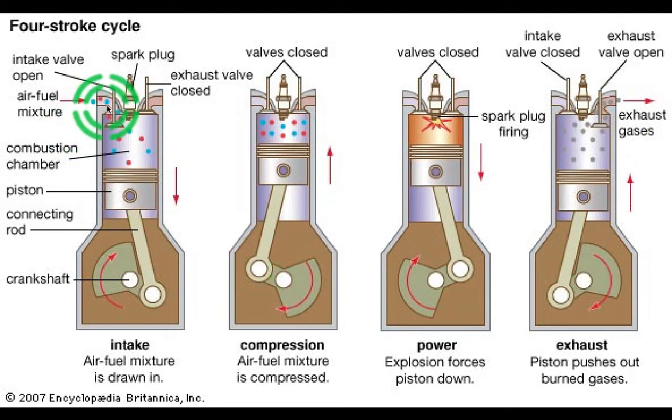Then the piston goes down and fresh air comes in, then it compresses, then there's a spark, and then exhaust throws it out again. It's a never-ending story. It keeps happening. Once these four strokes complete, you call it a four-stroke cycle. It's one cycle, right?